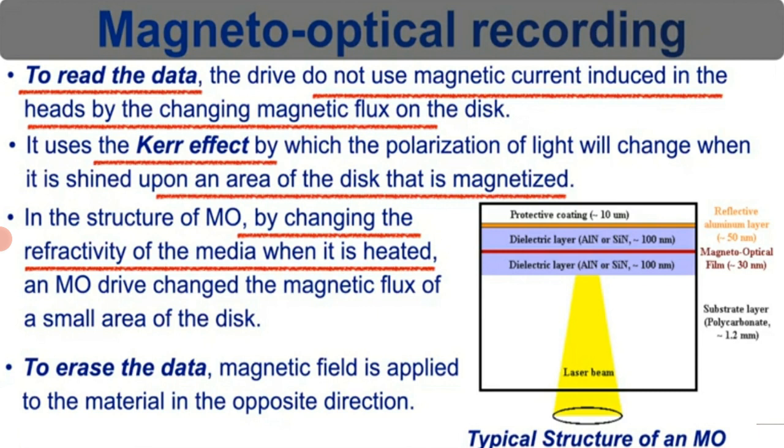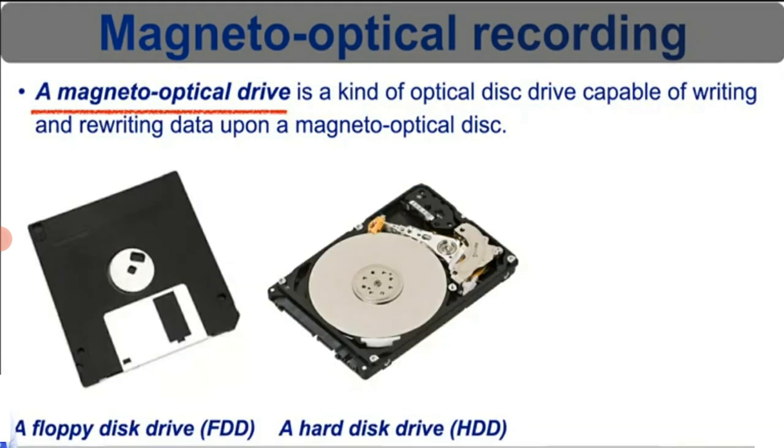To erase the data, a magnetic field is applied to the material in the opposite direction. On the screen you can see a magneto-optical recording disc. A magneto-optical drive is a kind of optical disc drive capable of writing and rewriting data upon a magneto-optical disc. First one is a floppy disk and second one is a hard disk.